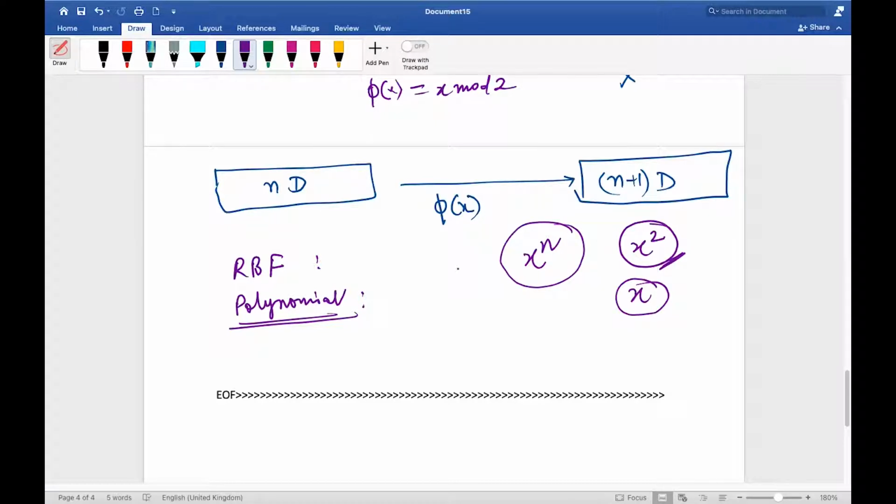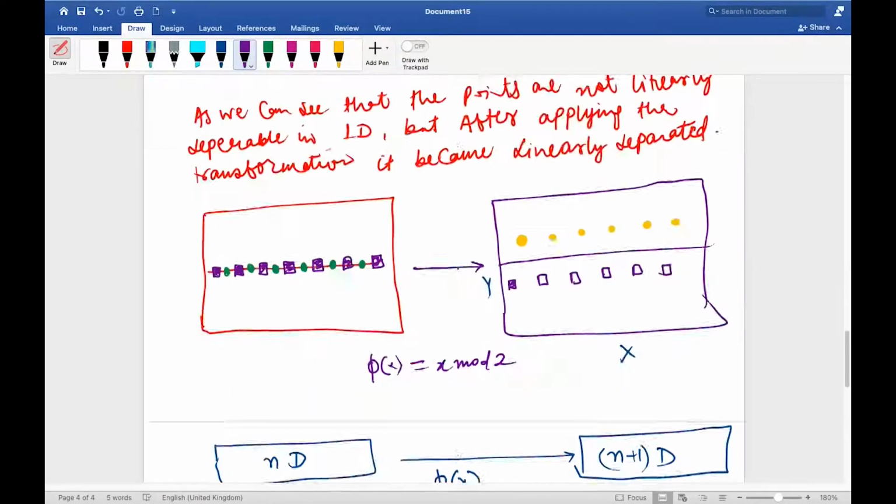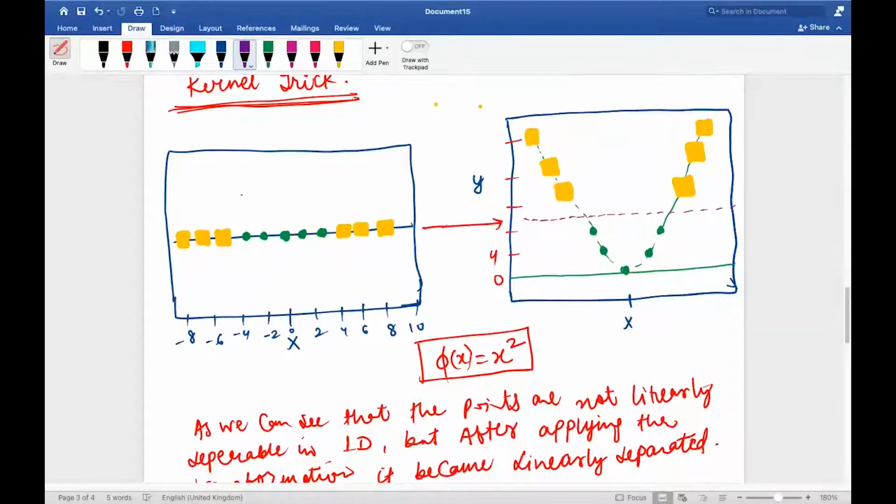Separation. Classes. No, separation is fine, but another algorithm was also doing separation, right? But here, how is the kernel trick helping? Yeah, when it is non-separable in the current dimension, it becomes separable in the higher dimension, right?